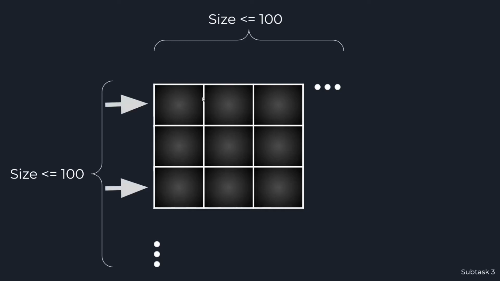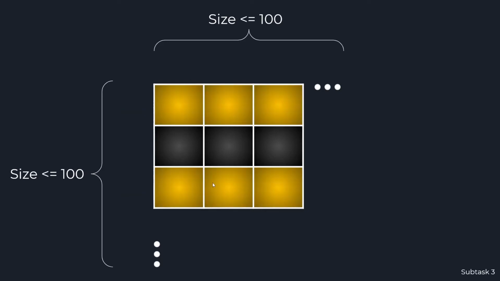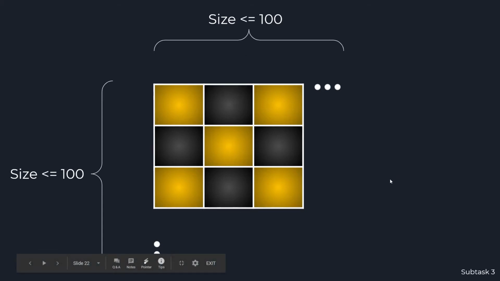So for example, if we painted these 2 rows, now they're all gold, and if we painted this column, instead of just inverting 1 tile, we're going to have to invert the entire column, which again, is going to be a bit difficult to actually implement.